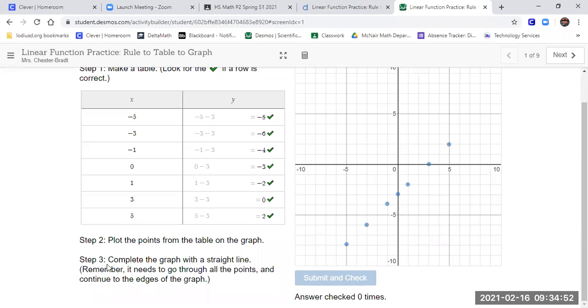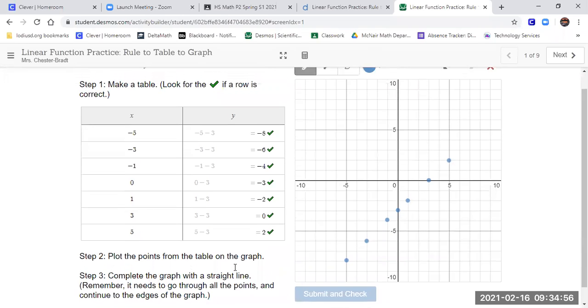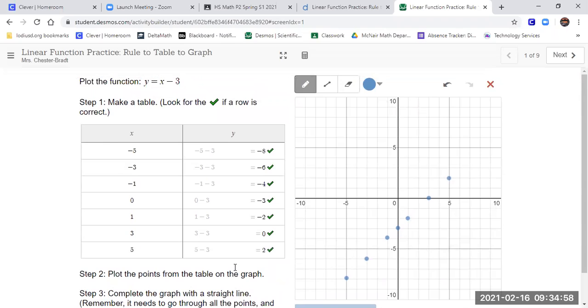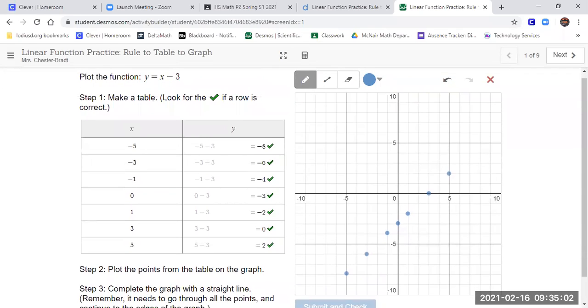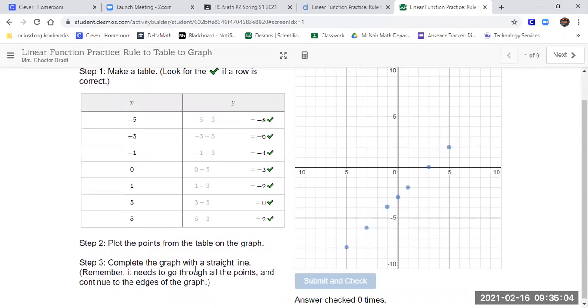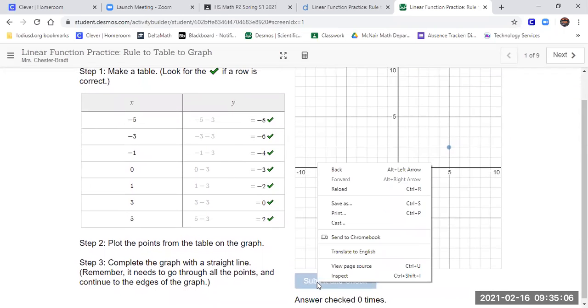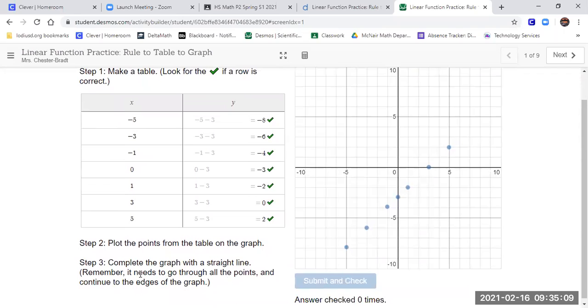Let's just stay with step 3. Complete the graph with a straight line. So have I done that yet? Have I finished step 3? And it's because of step 3 that I can't push this button, right? Because I haven't completed the graph with a straight line.